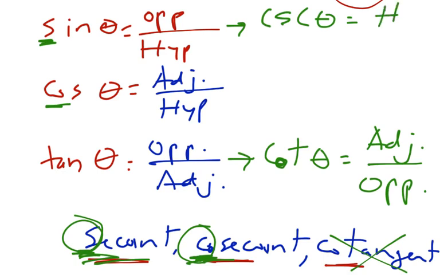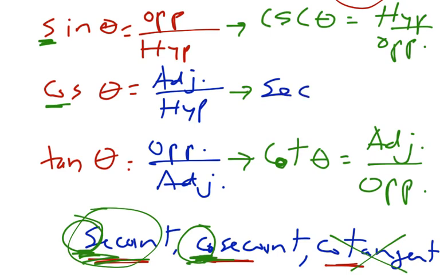Therefore, it's going to be hypotenuse over opposite. And what I have left is only the secant. So my secant is the opposite of the cosine, and my secant, you write it as SEC, and it's going to be the opposite of that, which is hypotenuse over adjacent. Okay, so that's the only thing you have to do.